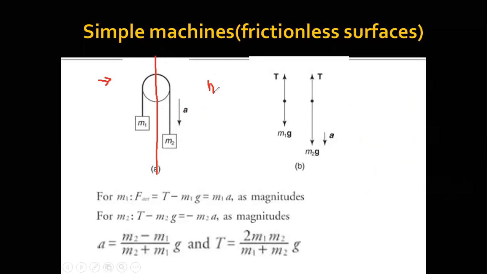Now the condition here is M2 is greater than M1. So just imagine having a rope tying 2 masses, where one mass is bigger than the other, hanging around a pulley. Automatically this mass is heavier, so it's going to drag the whole system down. On the right hand, it will be coming down like this, whilst on the left hand, it will be going up. That is how the whole system looks.